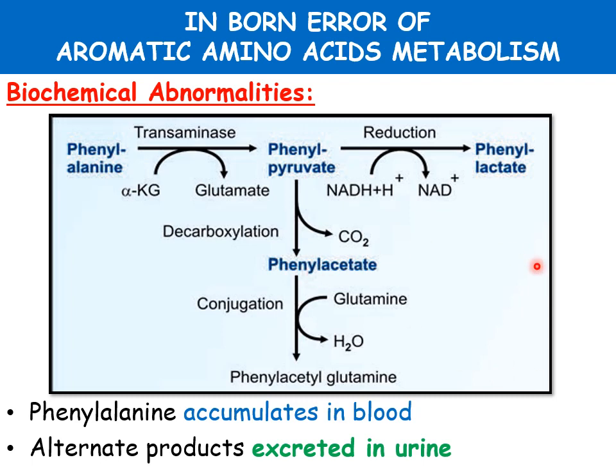The main biochemical abnormality in phenylketonuria is that there is an alternate pathway starting from phenylalanine.